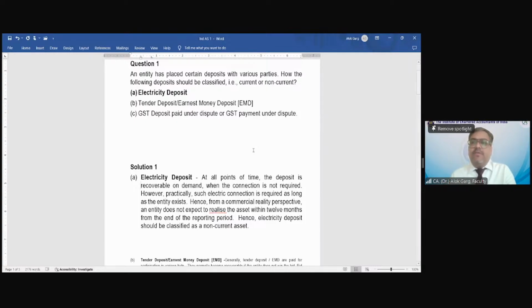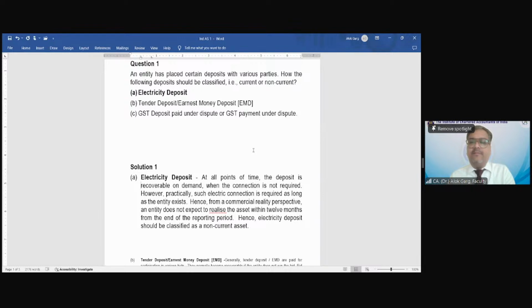Yes. So basically, the answer to every question is not an objective type answer. At times you have to explain, you have to support your answer with justification. You are CA final students. CA final means you have to have expertise in the accounting standard, which is Indian Accounting Standard, Ind AS.